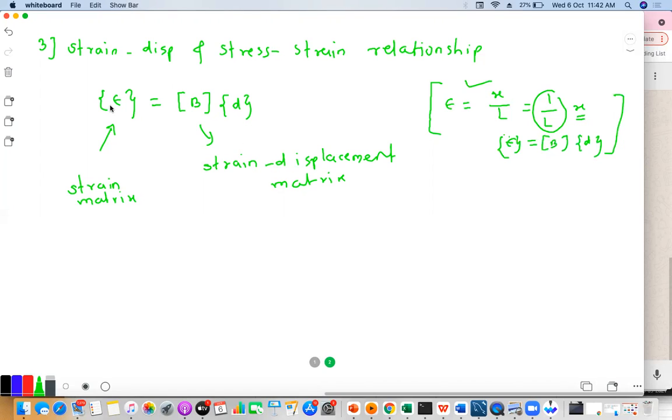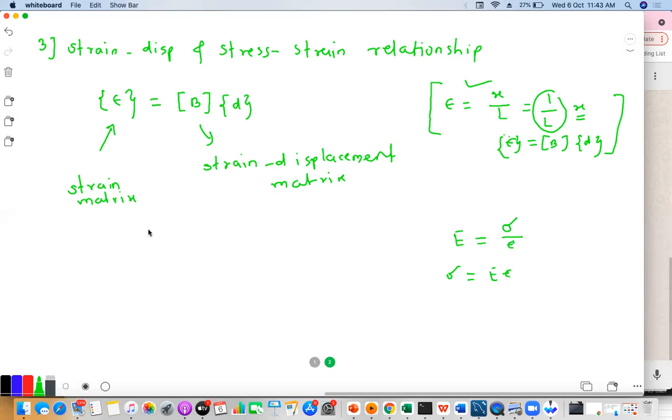Now, in a similar way, if you remember, Young's modulus is given as sigma upon epsilon, stress upon strain, right? So now I can write sigma is equal to E into epsilon.